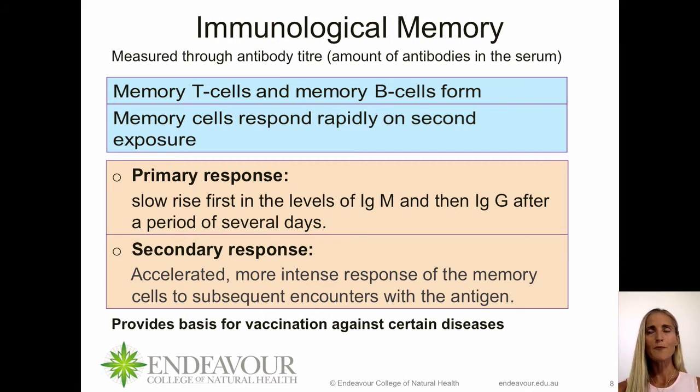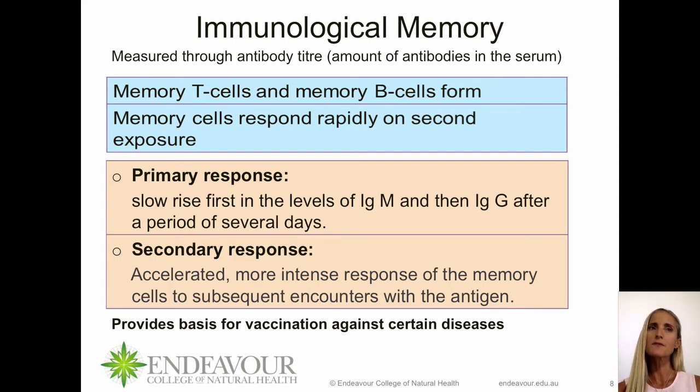What we see in that primary response is a slow rise first in the levels of IgM, and then the IgG also have a slow rise slightly afterwards. If you look at the little graph coming up on the next slide, after that initial contact with the antigen, it's followed by a decline of those immunoglobulins, the IgM and the IgG.